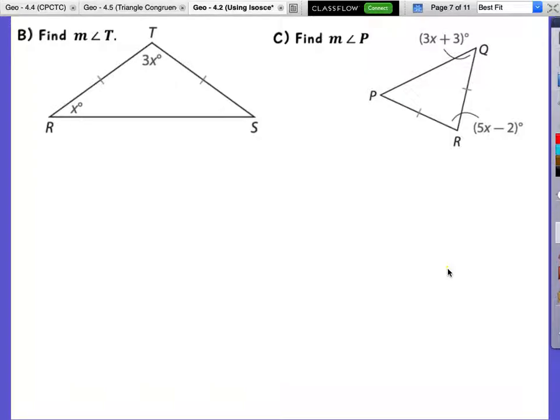First, think about what kind of triangle it is and what we know about those kinds of triangles. What kind of triangle is this?